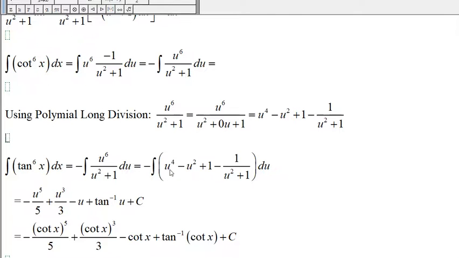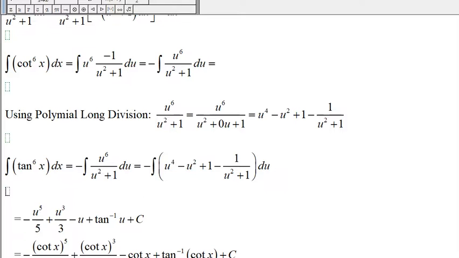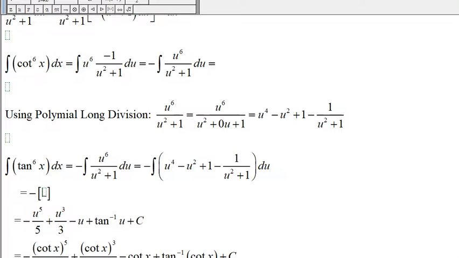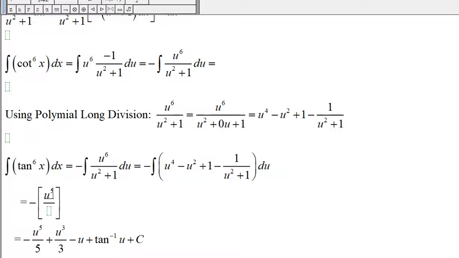The antiderivative of u to the 4th will be u to the 5th divided by 5, and then the antiderivative of u to the 2nd is u to the 3rd over 3, and then the antiderivative of 1 is u, and then minus the integral of 1 over u squared plus 1 du.